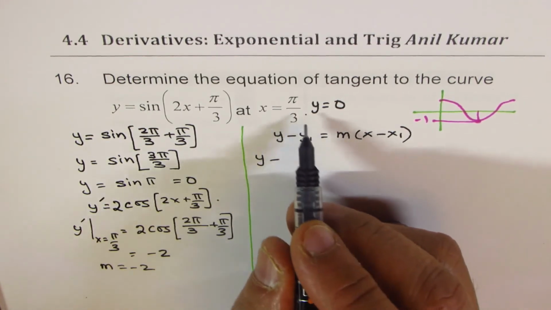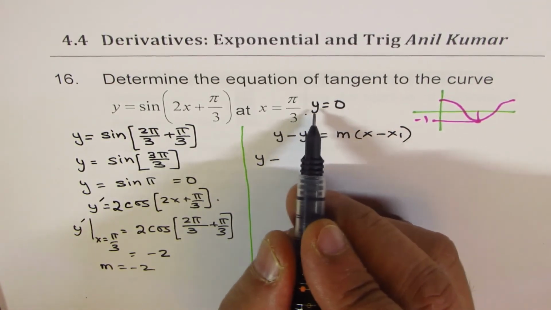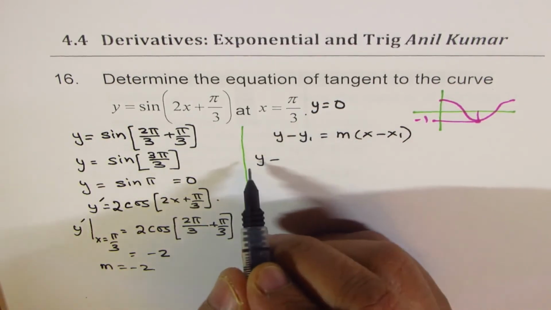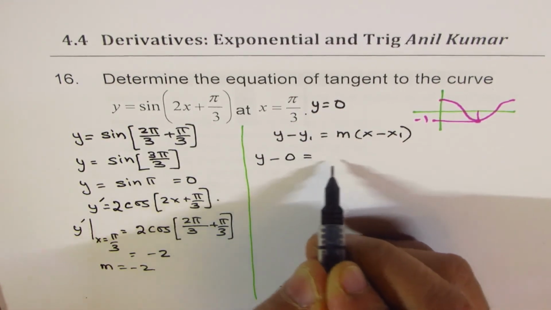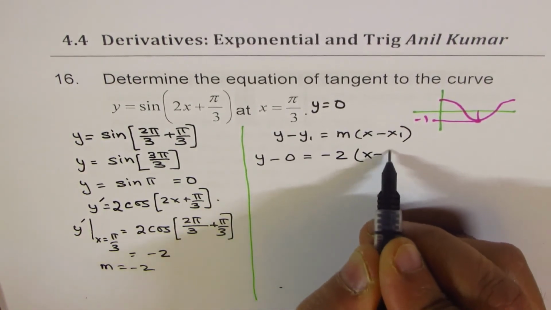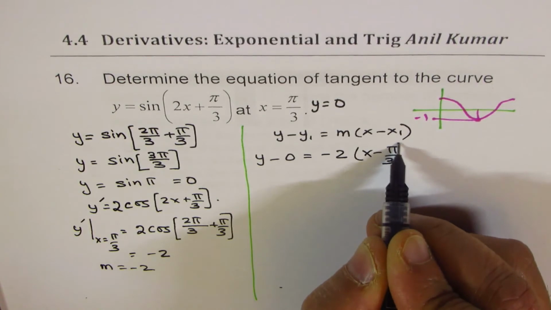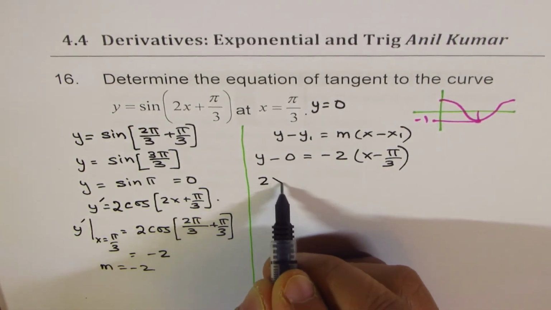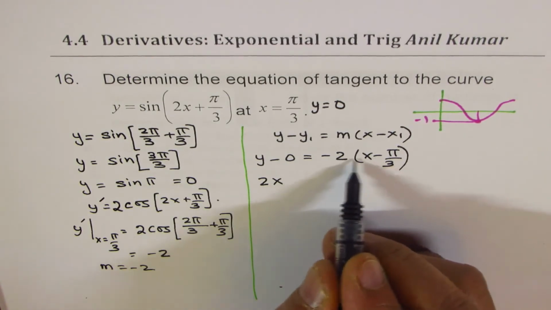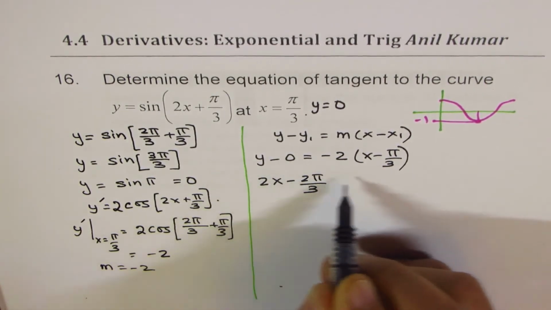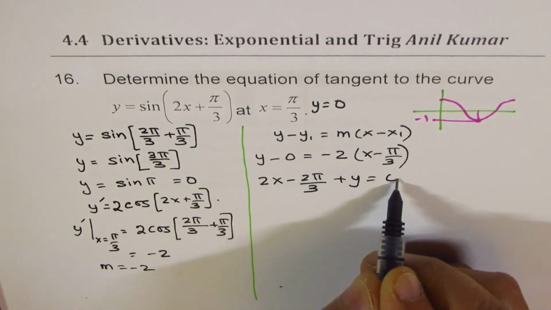Anyway, what we get here is y minus 0 equals m, which is minus 2, times x minus pi by 3, right? So let's bring it to this side. So we get 2 times x. When you open this bracket, you get minus 2 pi by 3 plus y equals 0.